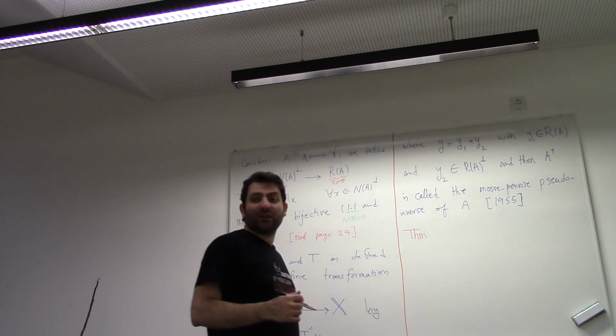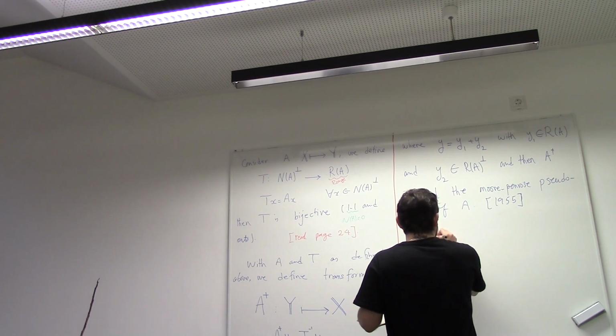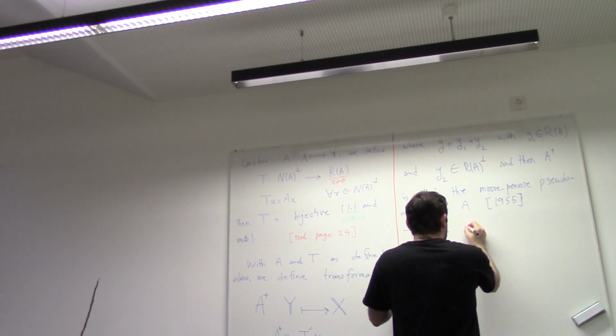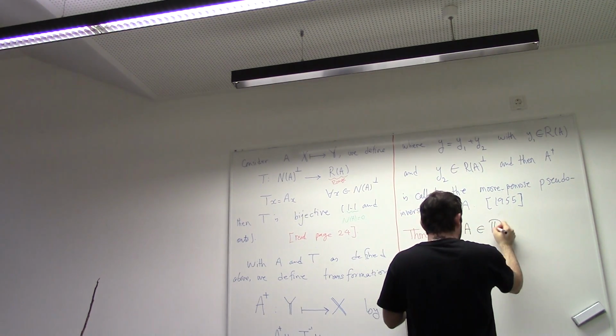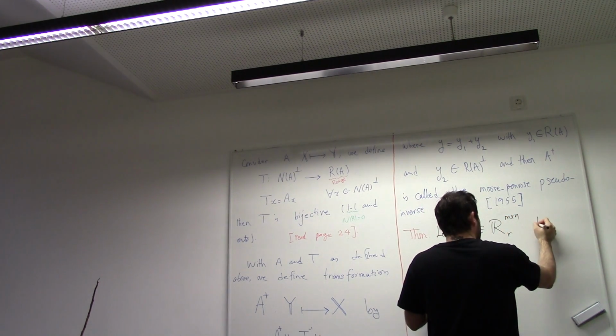There are 4 conditions which we have to check. So, let A belong to R^(m×n).